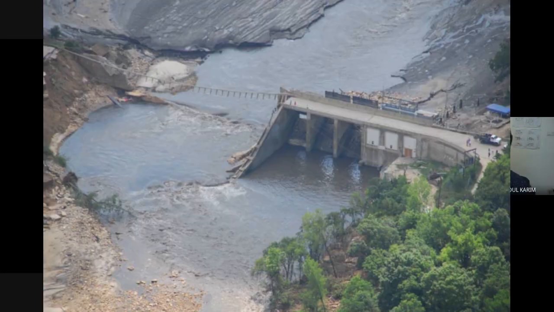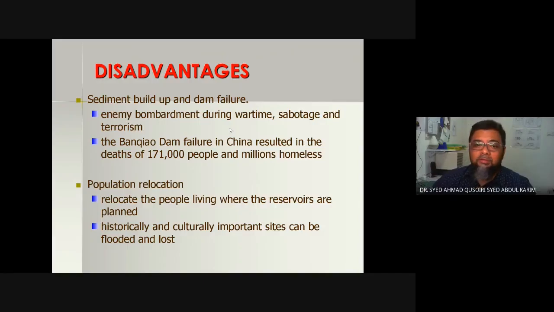And then failure. Dam failure ni you boleh tengok kat YouTube lah. Cases of dam failure memang berlaku due to improper engineering, dan kesan dia terhadap people downstream sangat besar. It can wipe out an entire township. And then population relocation ni juga berlaku di ampangan yang saya terlibat tu.